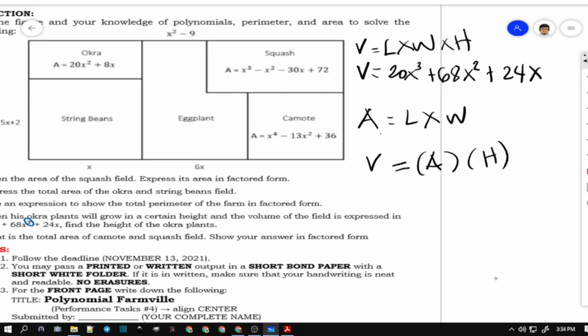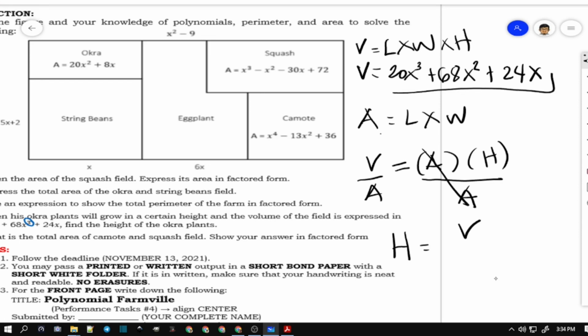Now, for you to get the height, you have to divide both sides by the area. Therefore, the height is equal to the volume, which is 20x cubed plus 60x squared plus 24x, divided by the area. The area is equal to 20x squared plus 8x. Okay? And then, divide mo na yon, and that's the answer for number 4.